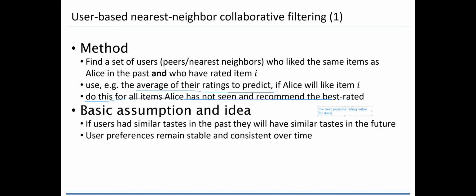Okay. So the basic assumption and idea is, if users had a similar taste in the past, they will have a similar taste in the future. That's the basic assumption that we have. And there is another assumption: user preferences remain stable and consistent over time.